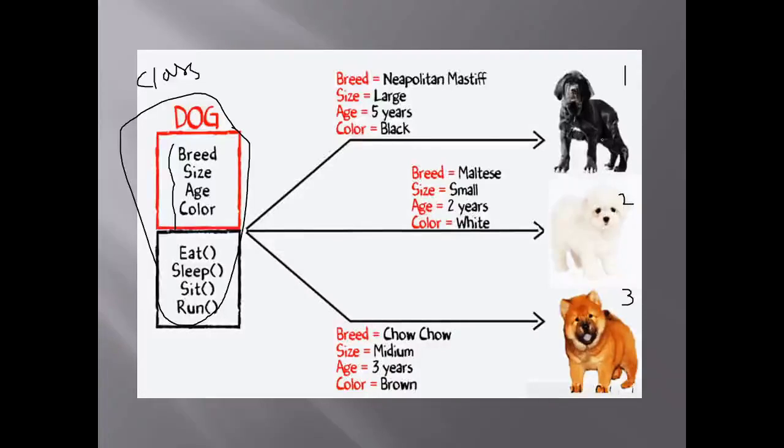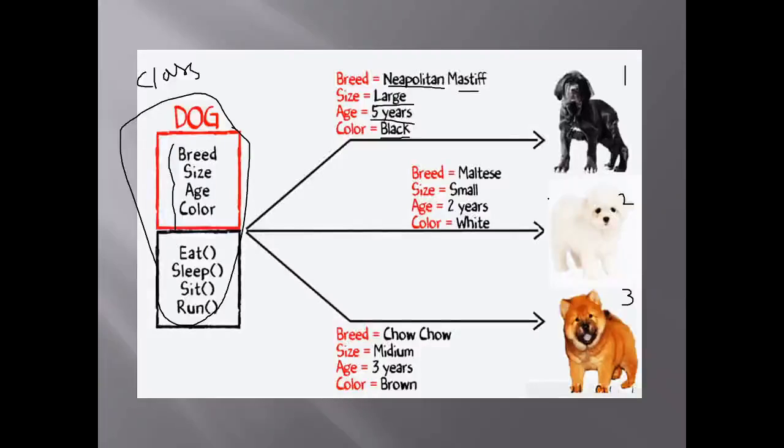So these are various types of objects and every object has its different properties and behavior. This object can have different properties, like breed is there and you can have different name here, size different, age different and color is there.